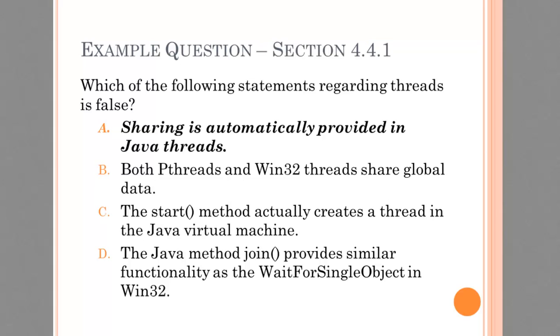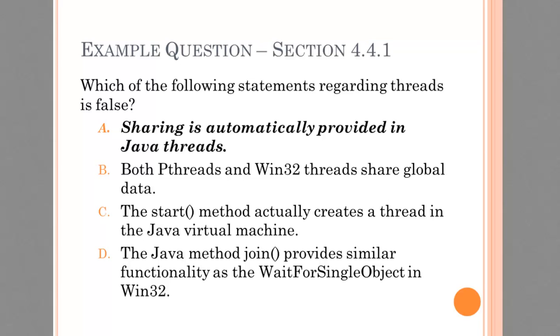But as we look at the next one, we should know that threads share global data because it comes from a parent process. Again, put it in the order of object-oriented programming. We know a thread comes from a parent. Somehow there's a parent involved. And when there's a parent involved, there's always some global data involved with a parent.